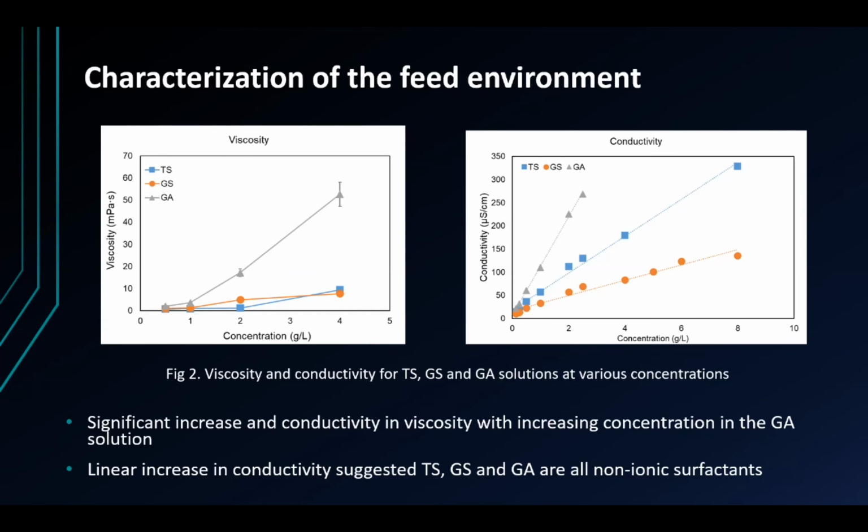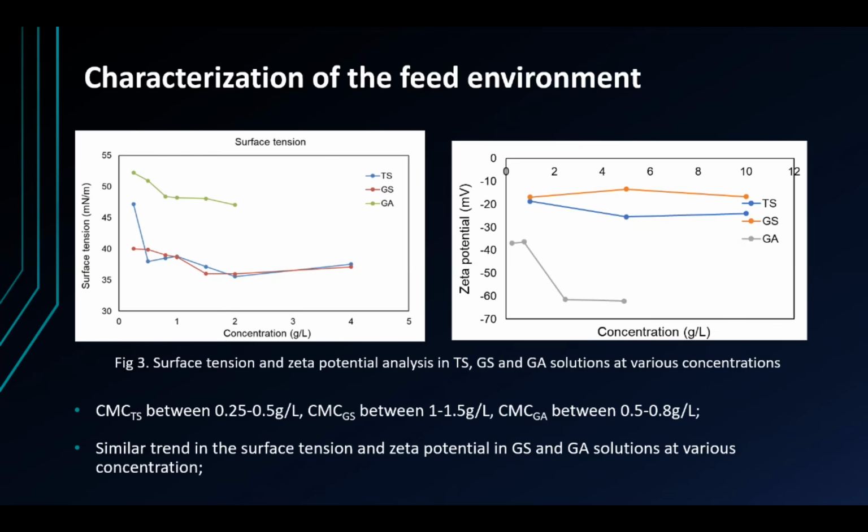The linear correlation between the concentration and conductivity confirmed that all 3 selected saponins in this study are non-ionic surfactants. By measuring the surface tension of the solution at different concentrations, we determined a range of CMC values for the 3 saponins.